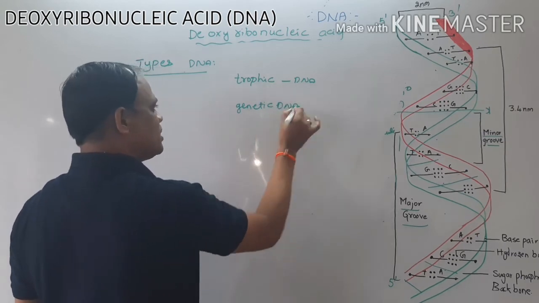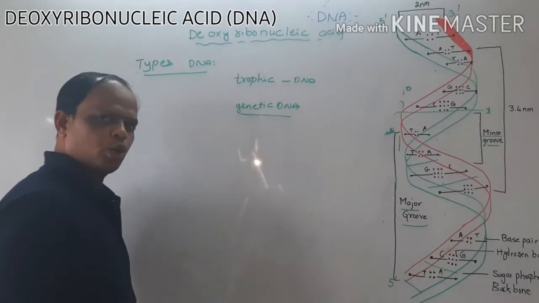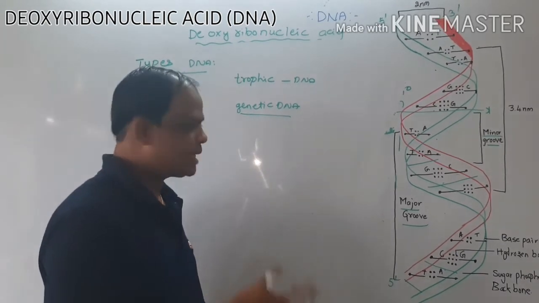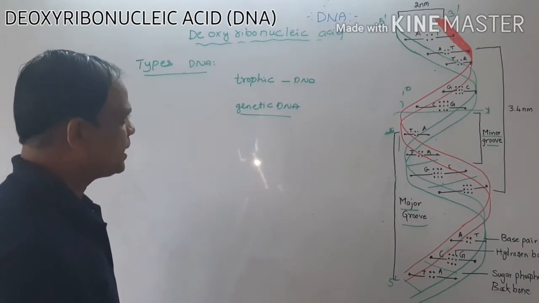Tropical DNA and genetical DNA, two types of DNA are present.